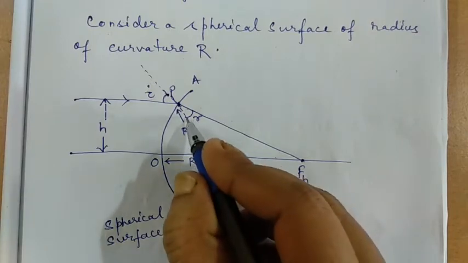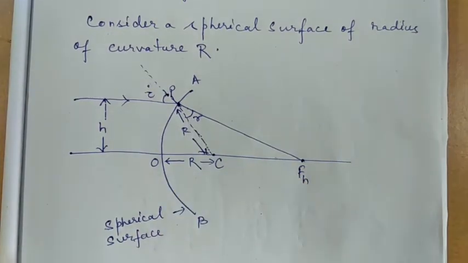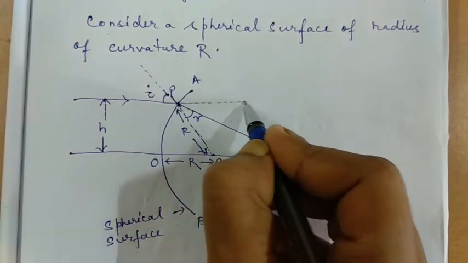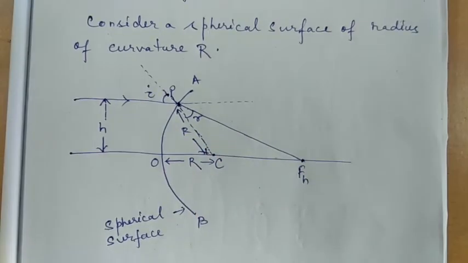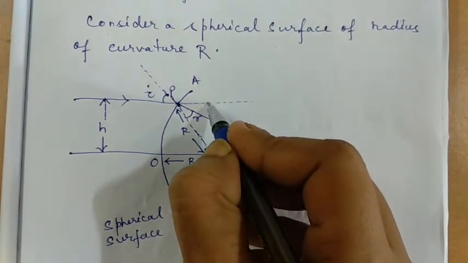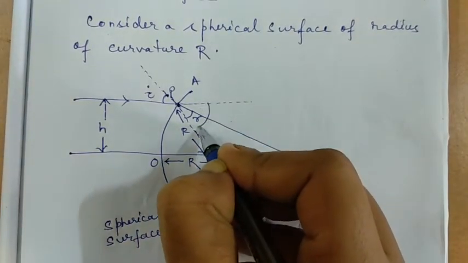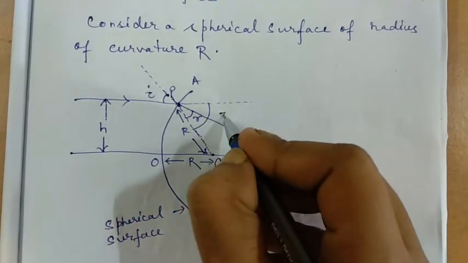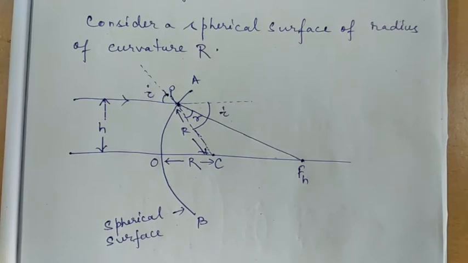Now this is angle R. If I extend this line, then I can say that this complete angle is my angle I, the opposite vertical angle.